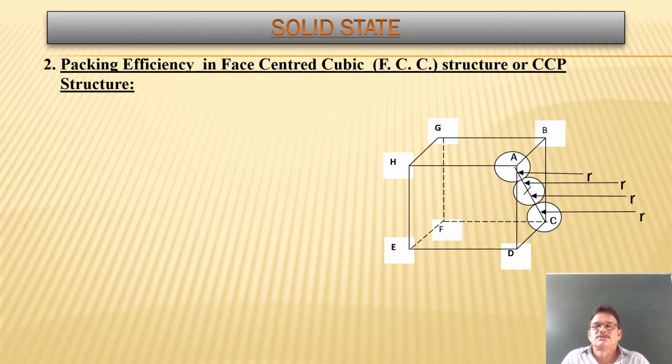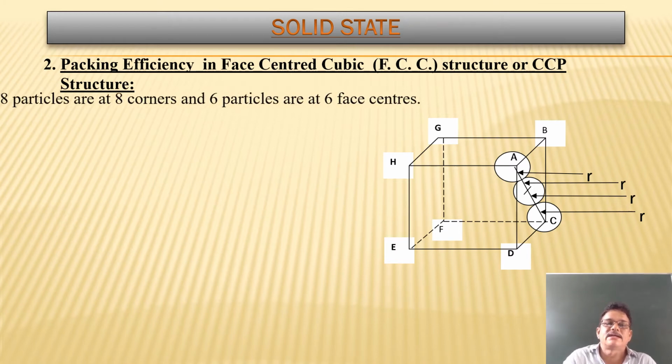So AC becomes equal to R plus 2R plus R, that is 4R. I think you might have understood about face of unit cell and the face diagonal of unit cell, how the particles lie on the face in FCC unit cell.